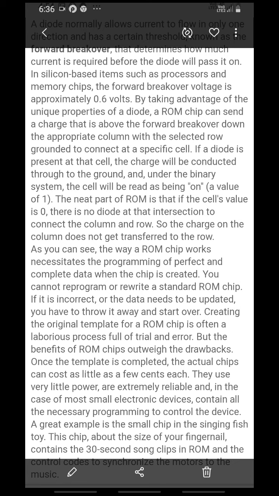If a diode is present at that cell, the charge will be conducted through the ground, and under the binary system, the cell will be read as having a value of 1.